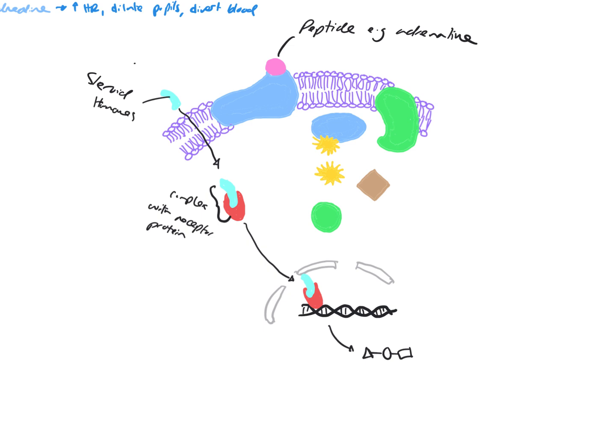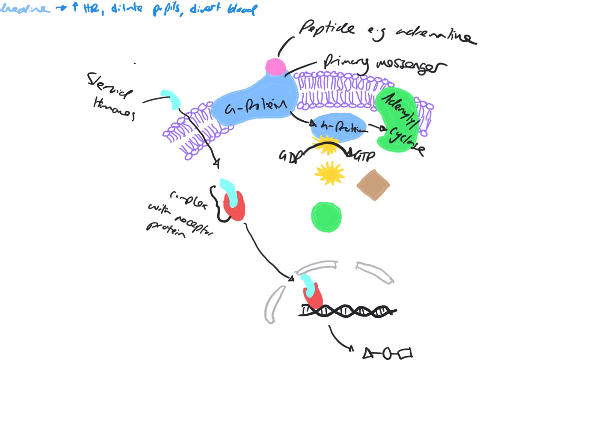So this is actually a G protein. And we can see that once this peptide hormone has bound to this, we'll see a conformational change in that protein. So its tertiary structure will change, and what that does is it activates then a second G protein in order to also change its conformational shape, and we'll see the phosphorylation of GDP into GTP.